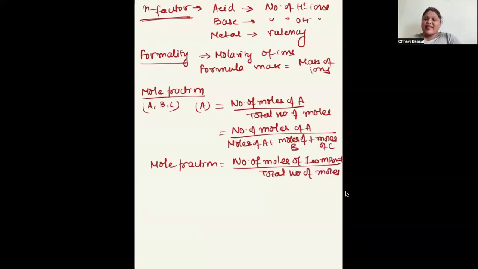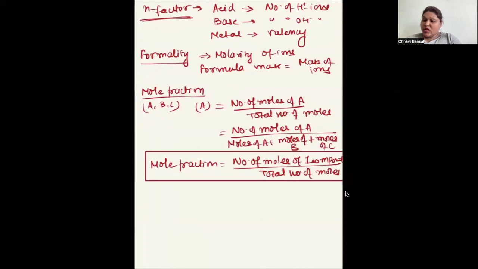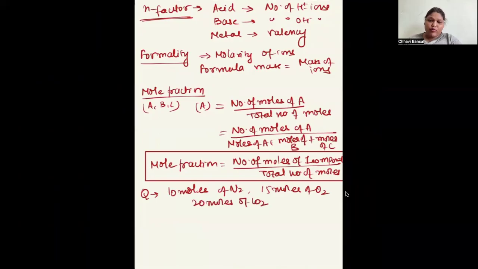Okay. So for example, let me put it in a box. Now, for example, you are given a gaseous mixture and there are 10 moles of N2, 15 moles of O2 and 20 moles of CO2. Now, these three gases are present and you have to find out the mole fraction of O2. So how will you find out?